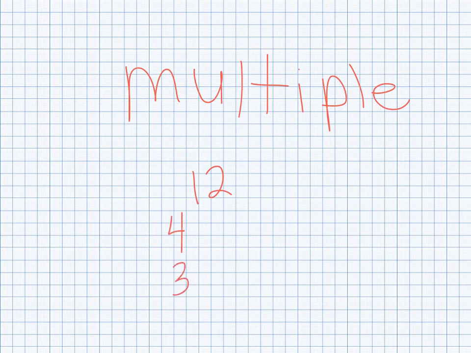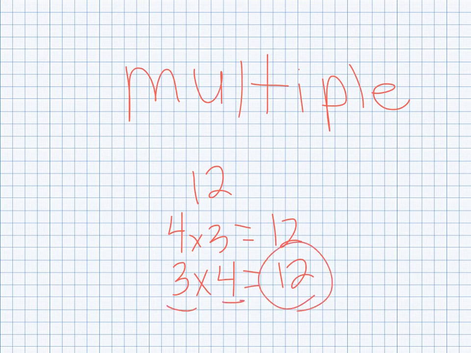You can multiply 3 times 4 to get 12 as an answer. I like to think of factors as the numbers that are going in to make the product or the answer, and the multiple is the product or the answer that we're discussing.